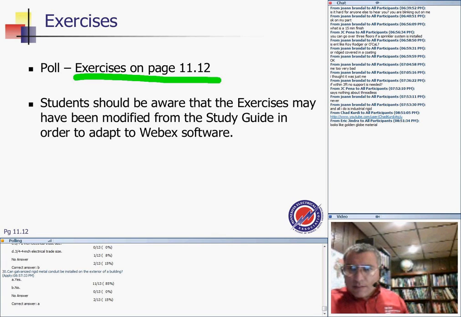Just looking at all this, it seems that it was about what's the minimum radius for rigid conduit. You go to table 2, chapter 9, like I just showed you. I see some of you got some of it wrong. You should get used to that table. Otherwise, it seems everything is good.